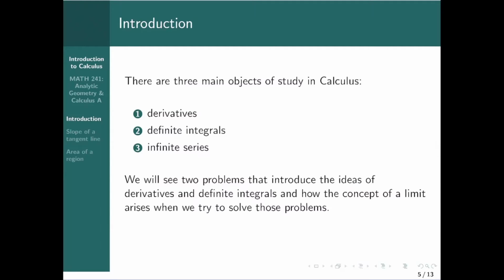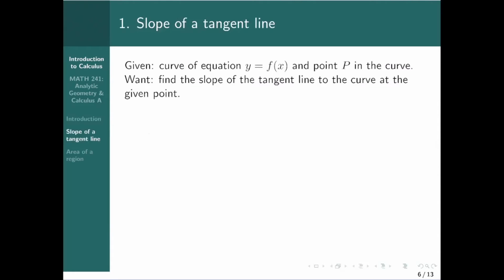Another way of putting this is saying that derivatives are related with finding the slope of tangent lines to graphs, and integrals are related with finding areas of curves. We're going to take a look at those problems in the next few slides. The first problem that we're going to analyze is the slope of the tangent line.